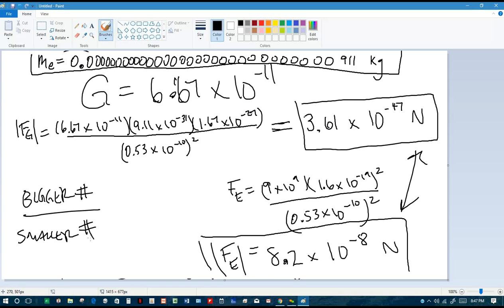So you should put the bigger one in the numerator, and then divide by the smaller number, which is 3.61 times 10 to the minus 47 newtons.